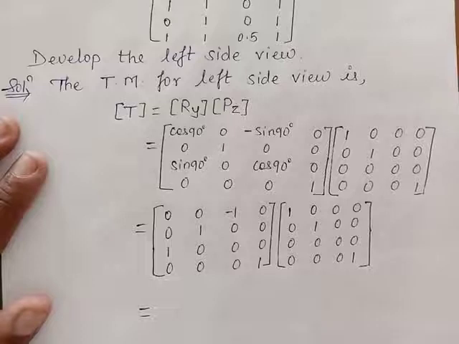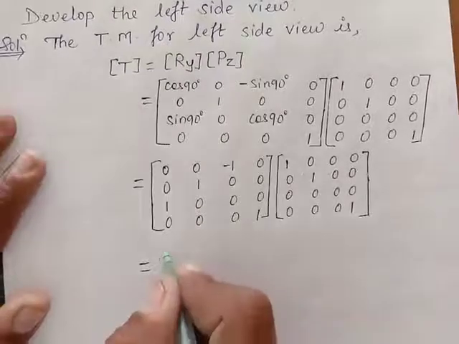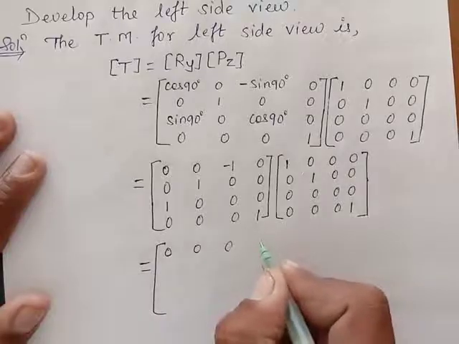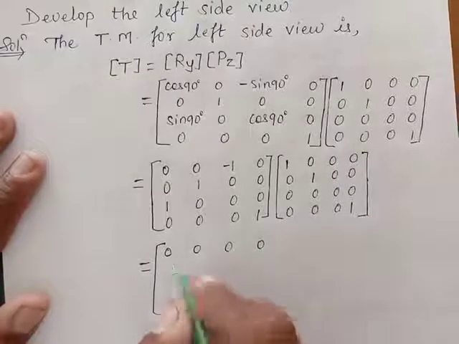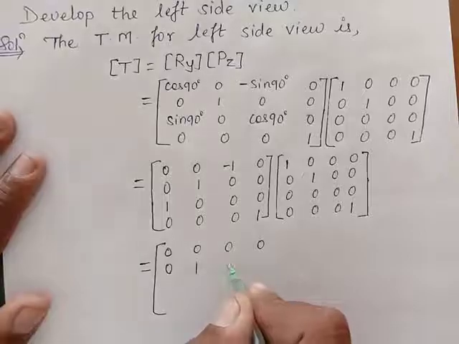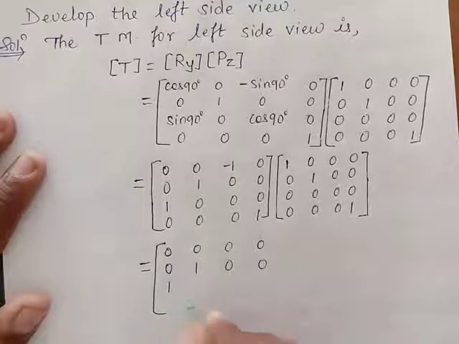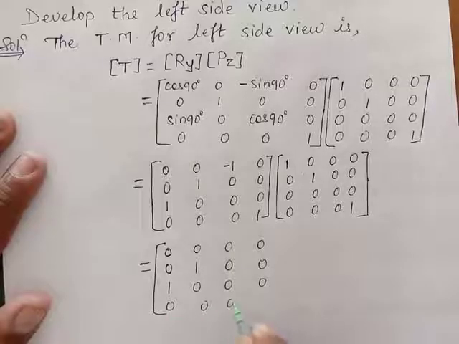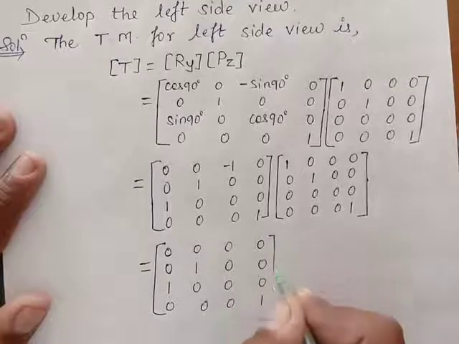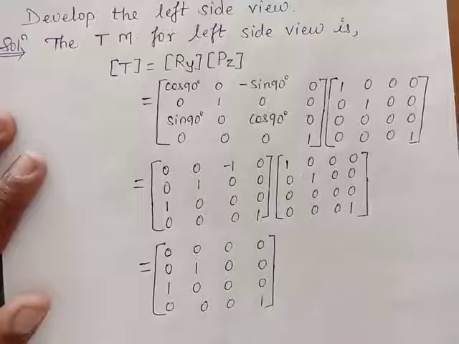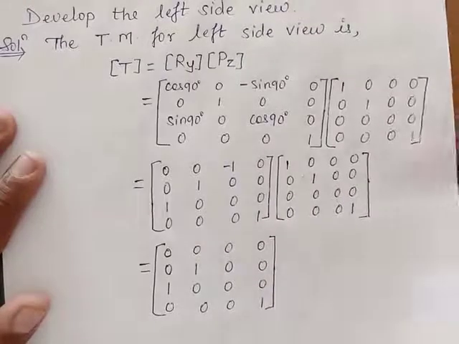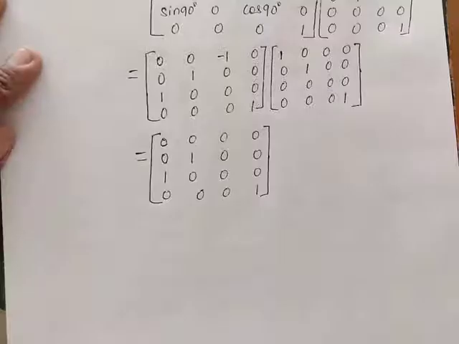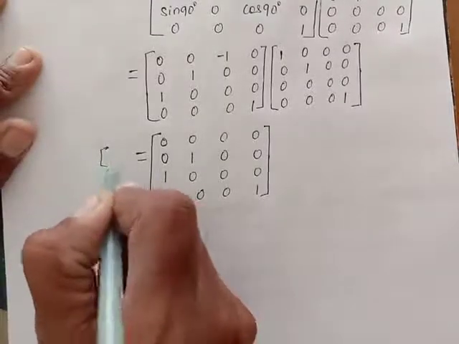So the resultant matrix is 0 0 0 0, 0 1 0 0, 1 0 0 0, 0 0 0 1. Now we have to obtain the left side view of that object. This is our T here, right?